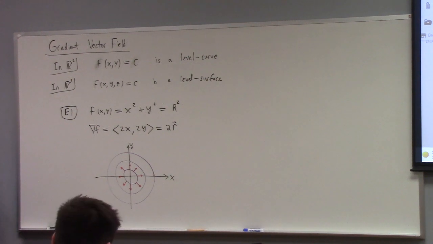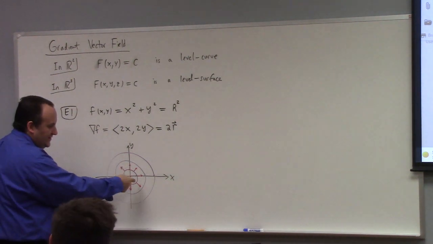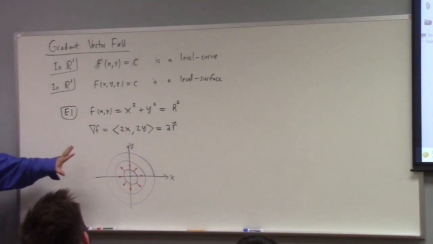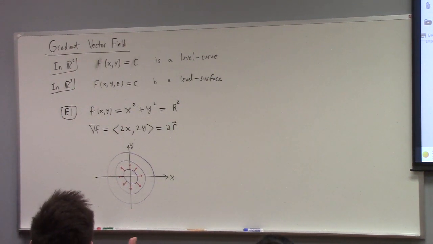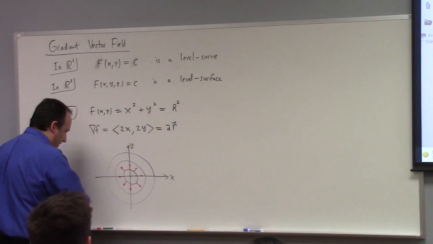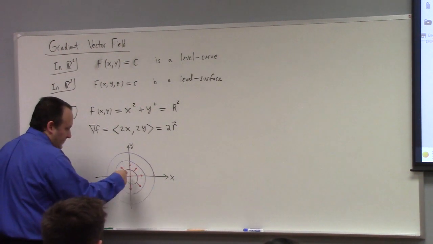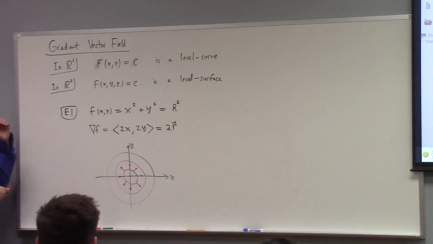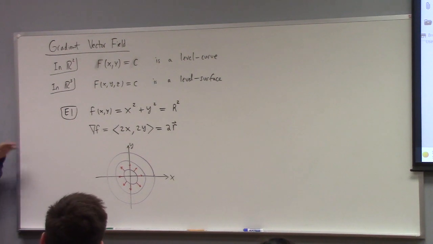But anyway, here's a sad picture of a random collection of 1, 2, 3, 4, 5, 6, 7, 8 sample vectors from the gradient vector field. There are different ways of drawing vector fields.